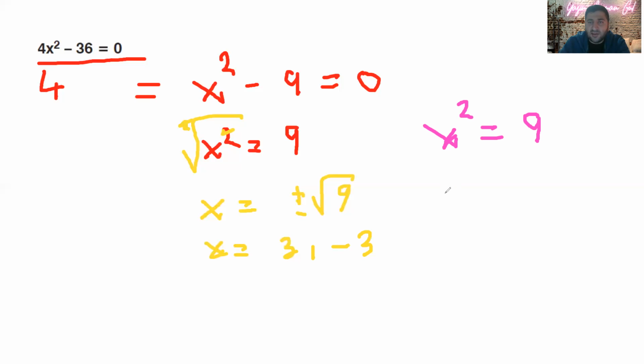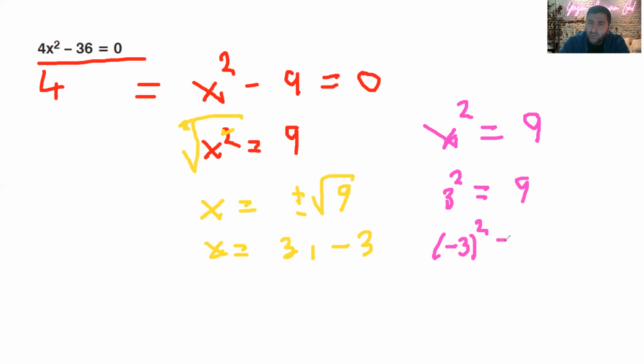If x is 3, we're going to see if it is true. 3 to the power of 2 means 3 times 3, because the power tells us how many times we multiply the base. So 3 to the power of 2 is 3 times 3, and that is 9. But there is another number that will give me the same answer.